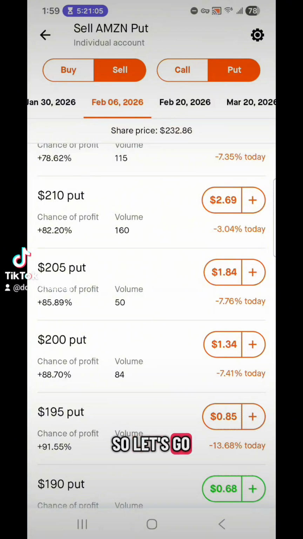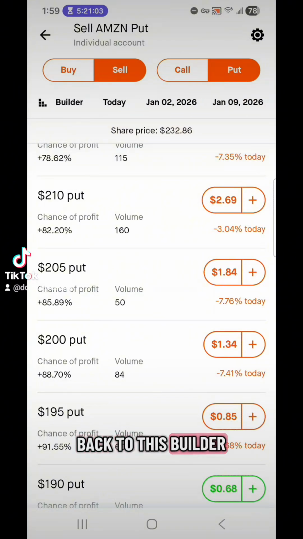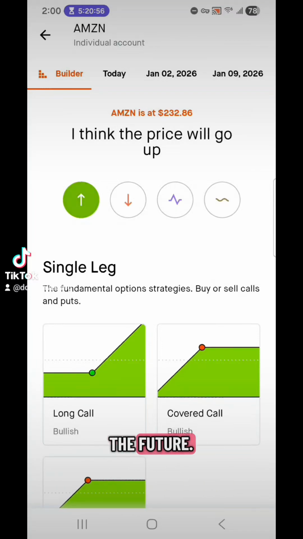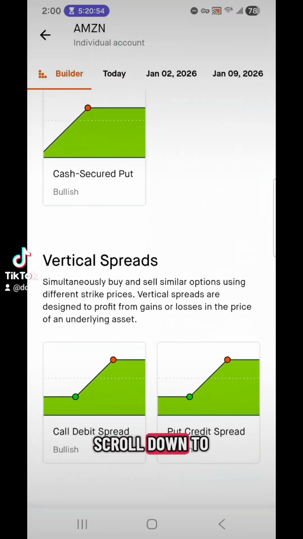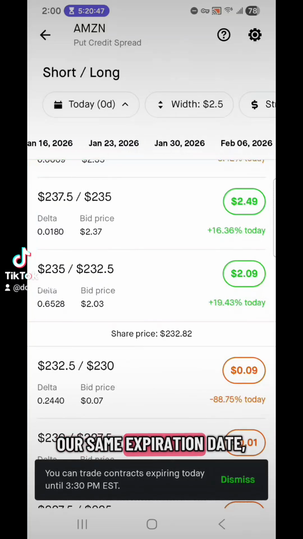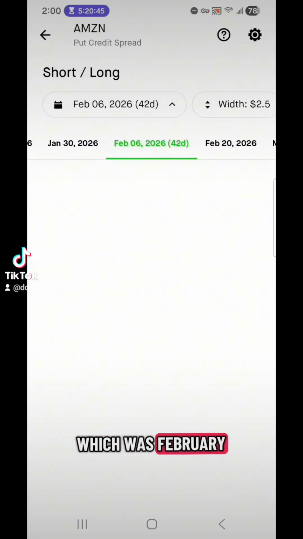So let's go back to this builder, and let's say we want the stock price to go up in the future. Then I'll scroll down to vertical spreads and click on put credit spread, and go to our same expiration date, which was February 6th, 42 days out, perfect.